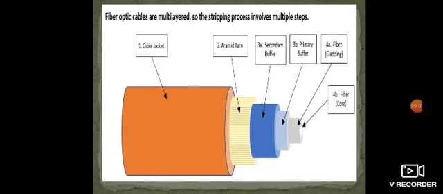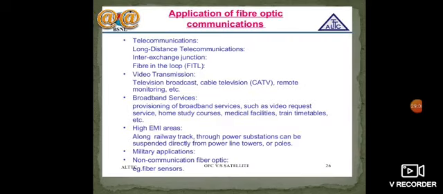So like this we have the fiber optic cables, and they are mainly used in telecommunications, long distance telecommunication, inter-exchange. It is mainly used for video transmissions, that is television broadcast, cable television, remote monitoring, and also for broadband services and military applications.